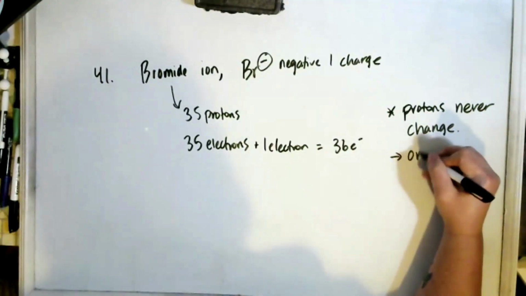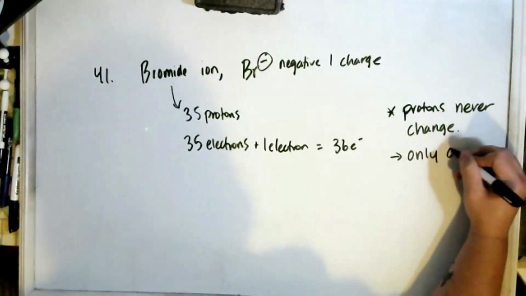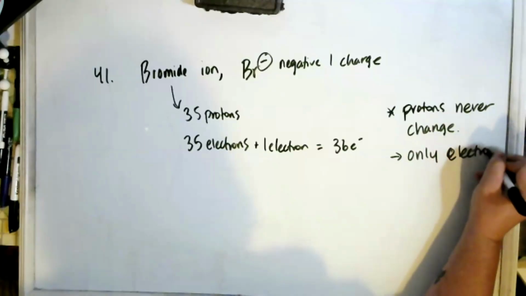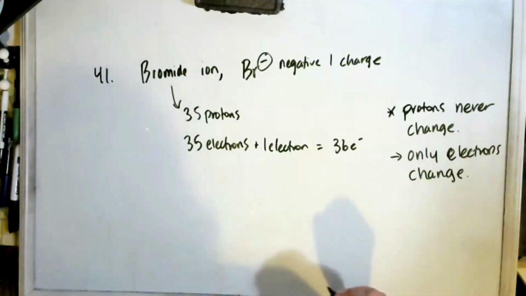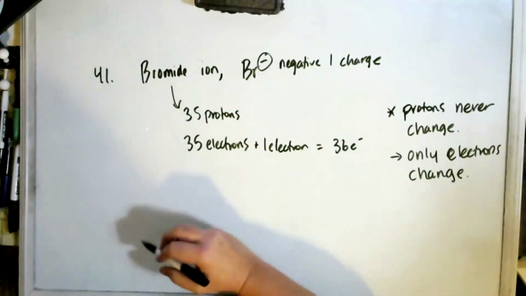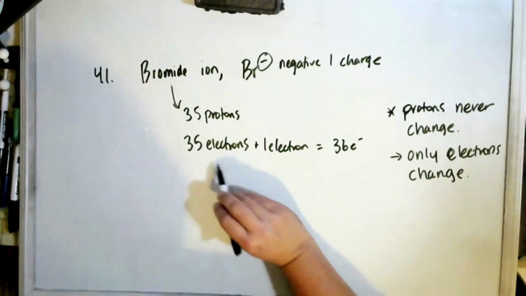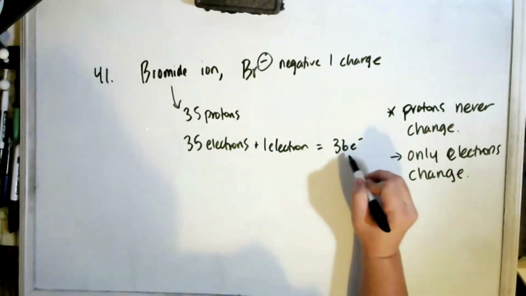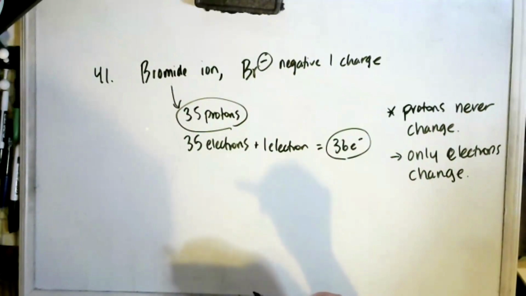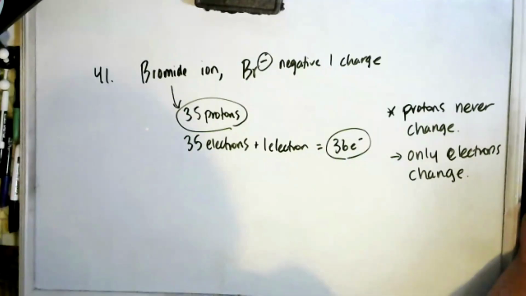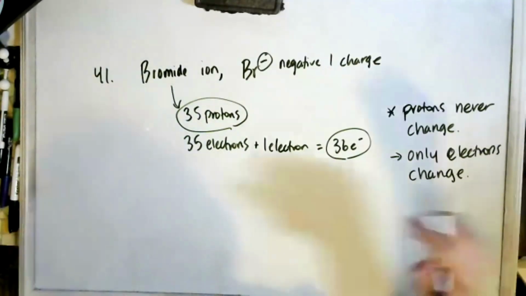Okay, only electrons change. Okay, so 35 protons and 36 electrons. This would be the final count in our bromide ion. And that is, excuse me, that is choice C.